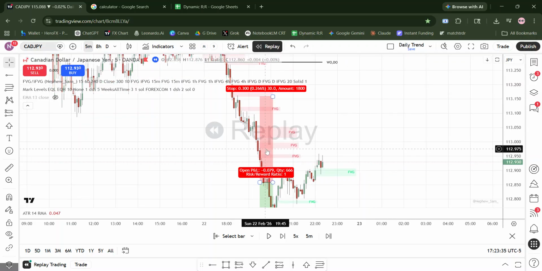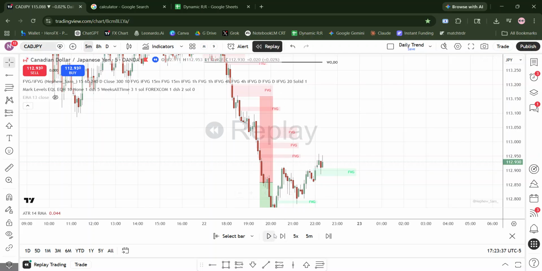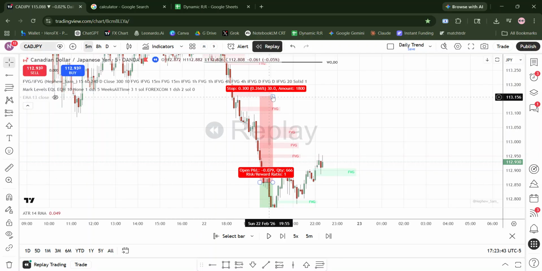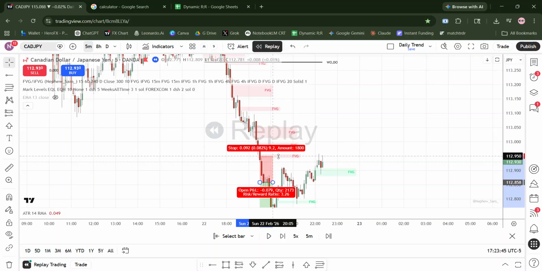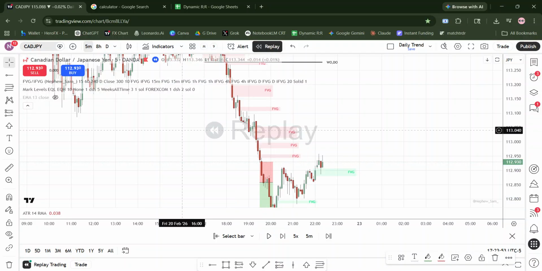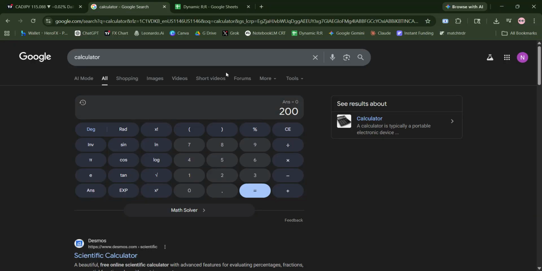So it didn't hit the full stop loss. So what I'll do is measure. We lost, at about right here, about 6 pips. So let's just say we'll lose, like, 0.06, say 6%.